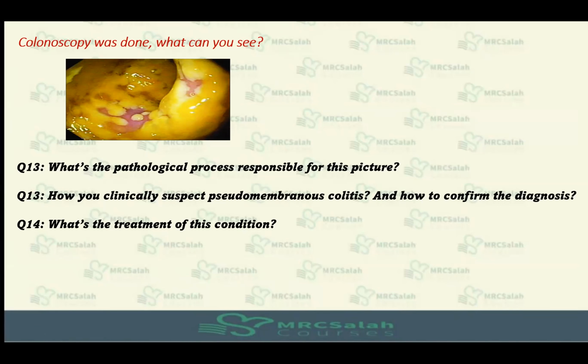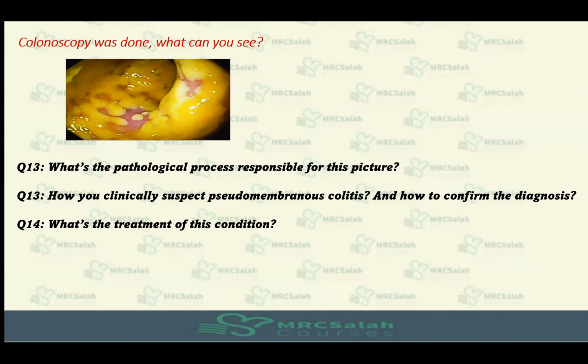How can you treat this condition? It depends on the case, as it may be moderate or severe. With acute management, first I'll stabilize the patient, then I'll start the antibiotic according to the hospital protocol. Usually I use vancomycin as first line for 10 days if it is a mild or moderate case.